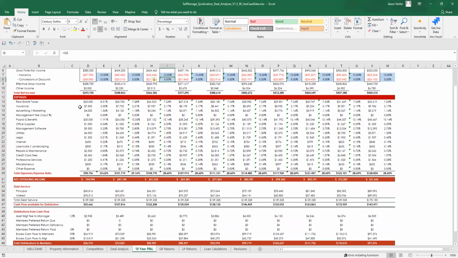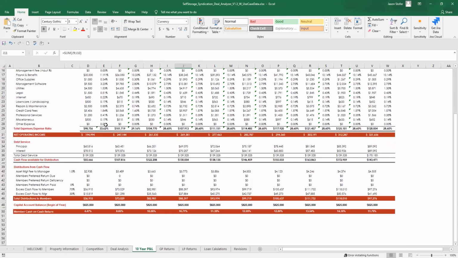Other things to note here, your net income obviously changes. Your expense ratio is obviously going to go down as your income goes up. Things that are listed here are the principal paid, interest paid, your debt service for the year, and then the total cash flow that's available for distribution is on that line.